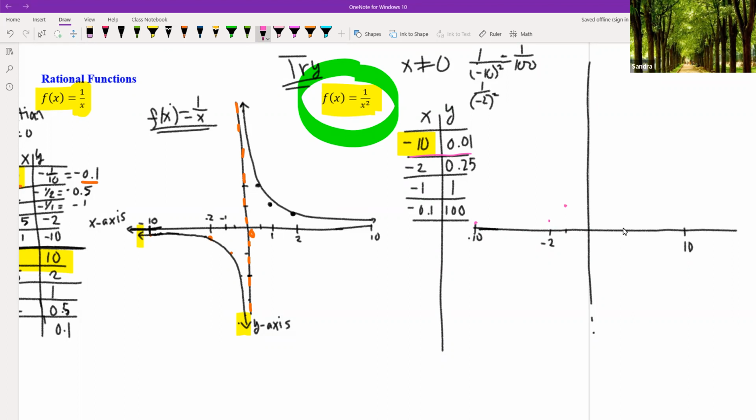And then negative 0.1 is 100. It's very high up here. There it is. There's the first one. And you can see my restriction is here.